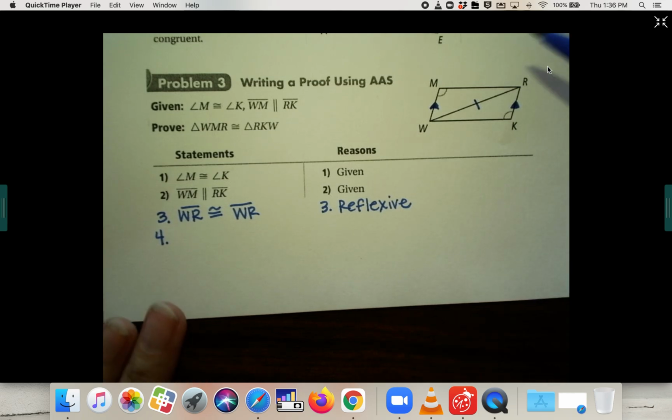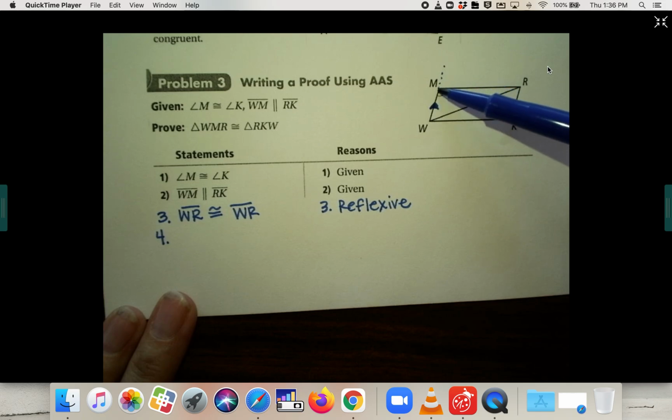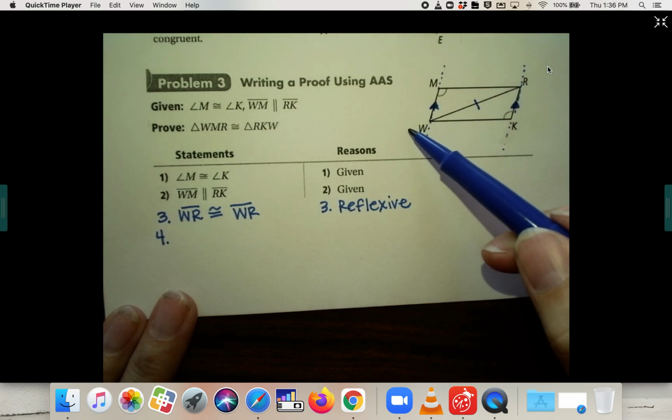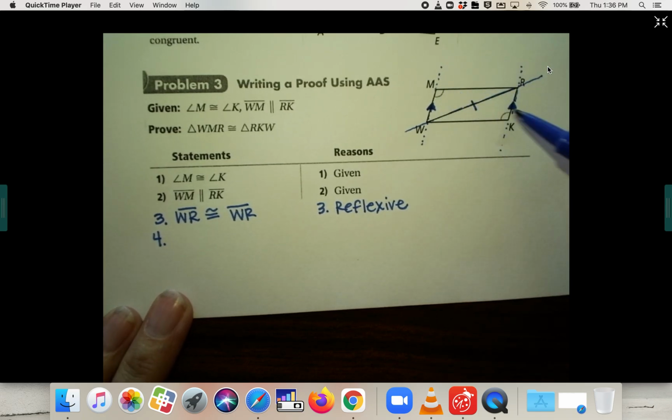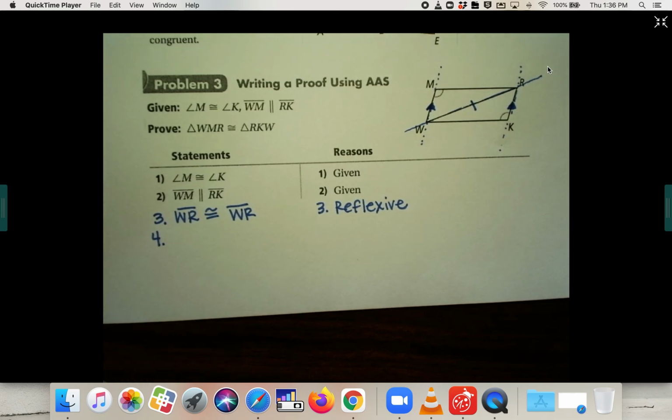So here's what you know about parallel lines. If these parallel lines were cut by a transversal, which it is, then all kinds of interesting angles are formed, like opposite interior, alternate interior, and others.